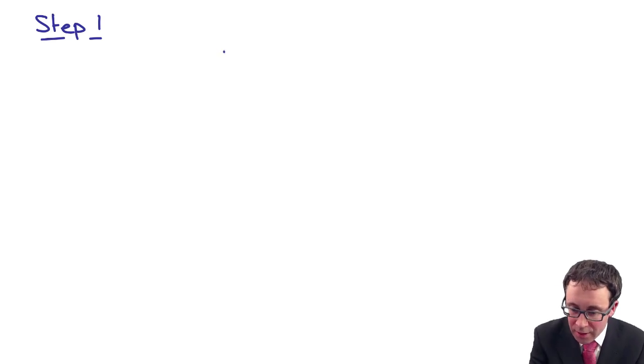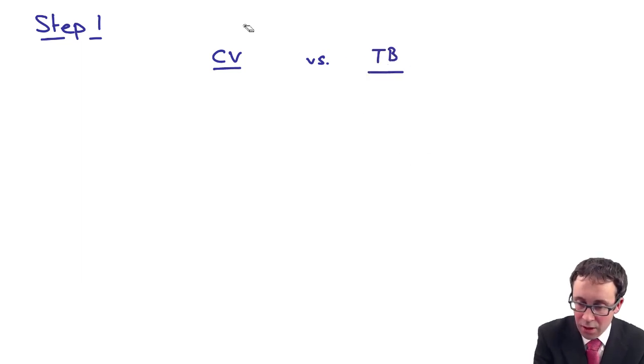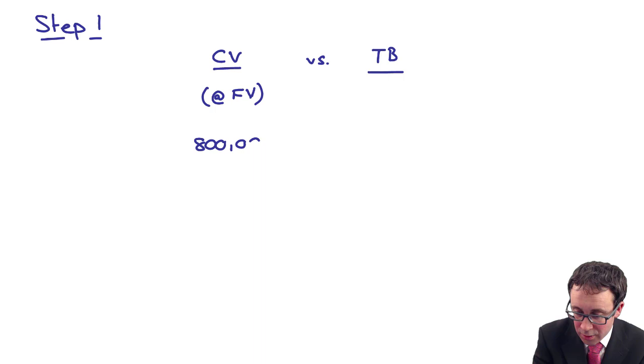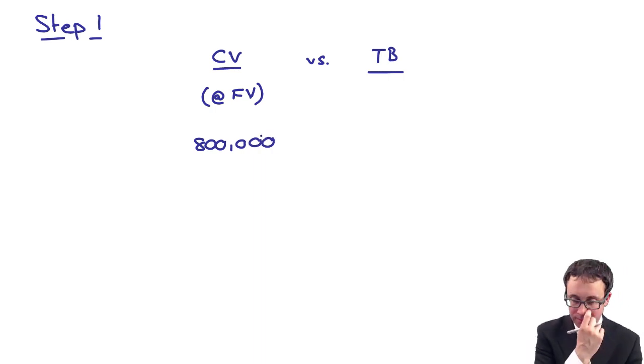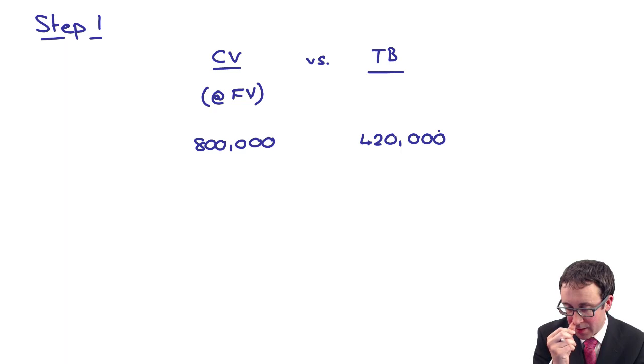So step 1 is to compare the carrying value versus the tax base. So the carrying value is at fair value, and the fair value here is $800,000. The tax base that we have, if memory serves me right, was 420,000.